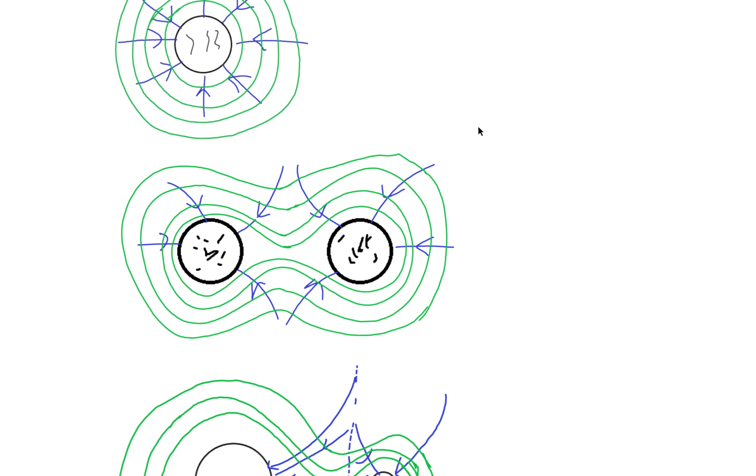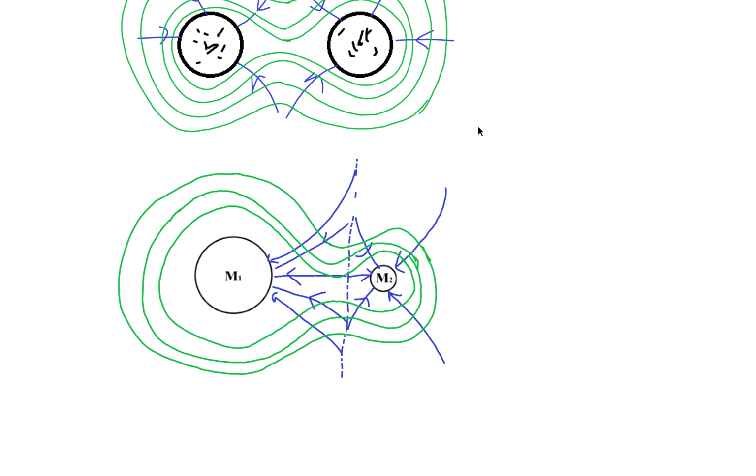In the second image, the gravitational field lines always hit these two planets 90 degrees from the surface. I know my drawings are a bit terrible, I apologize. In the third image, even if we're closer to M2, objects go towards M1 because M1 has more mass than M2, so M1 has more of a pull.